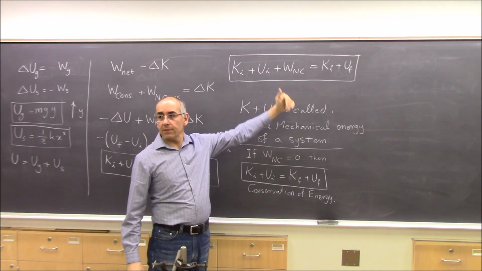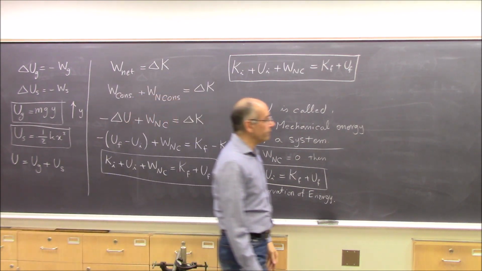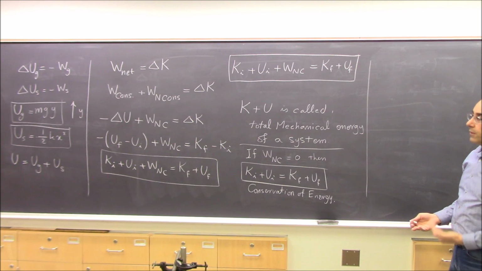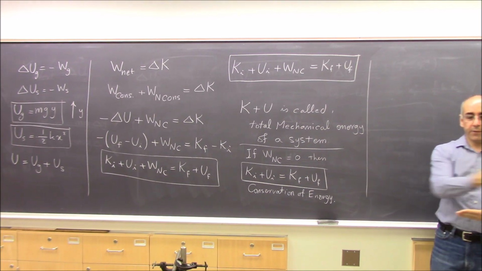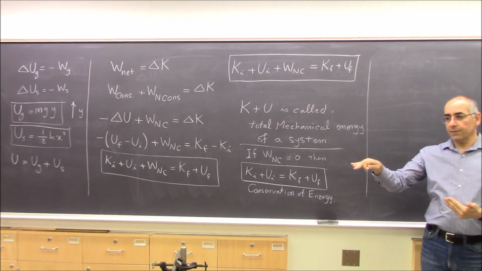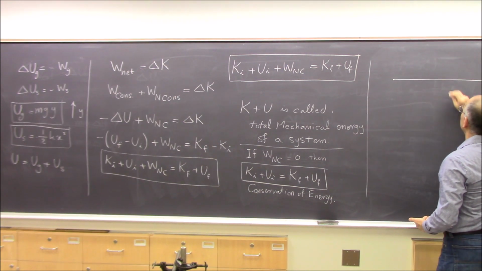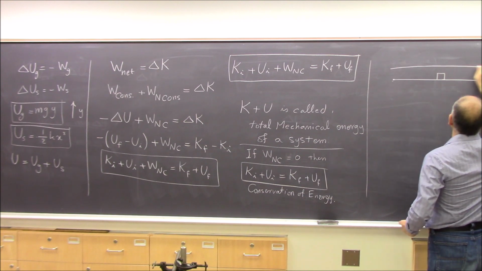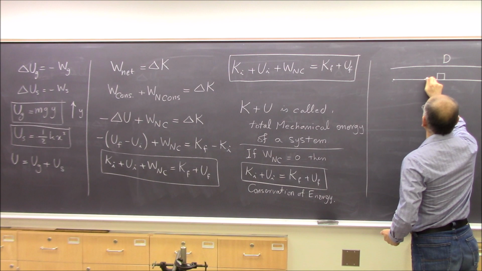How do you calculate the work of friction? Very good question. It is easy if you have force of friction, because force of friction is always opposite the motion. You have displacement over a certain surface. Let's say you go from here to here, and this is the object. This will be the displacement, and the force of friction is this way.